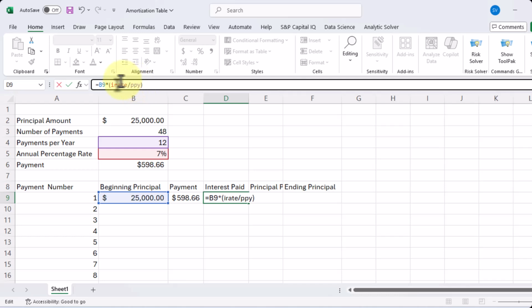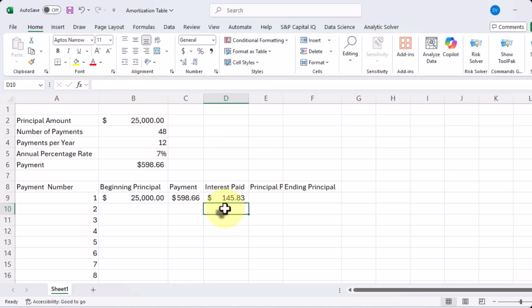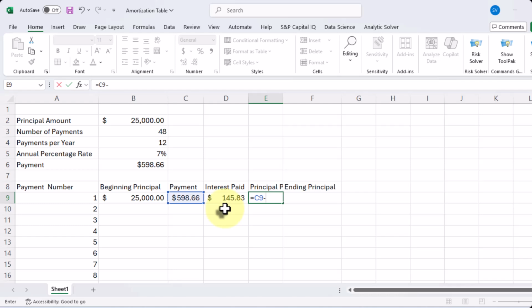So this way, naming those cells allows me just to type it in once, and then I can pull it down. So what this is saying is that on that $25,000 principal for the first month, it's going to incur $145.83 worth of interest. So you're going to have to pay that. And the remaining portion of that payment is what's going to go to pay down the principal on your loan.